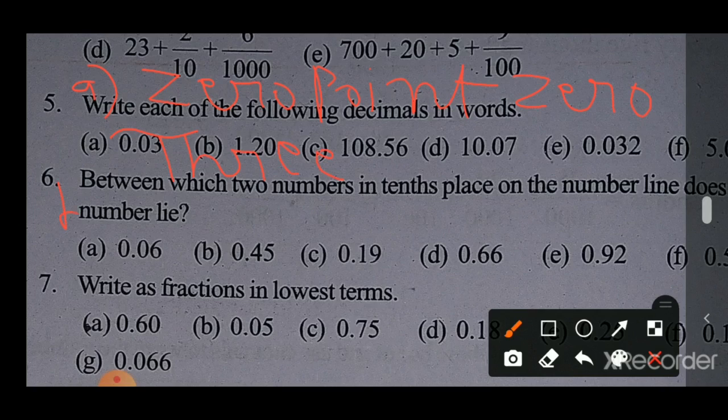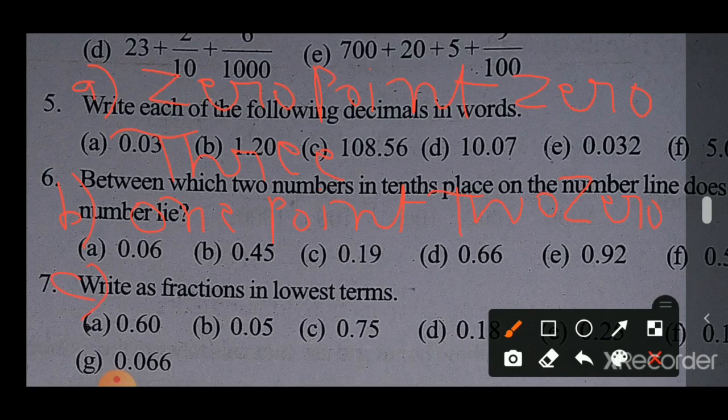Now the B part. B part is 1.20. So we can write here 1.20.